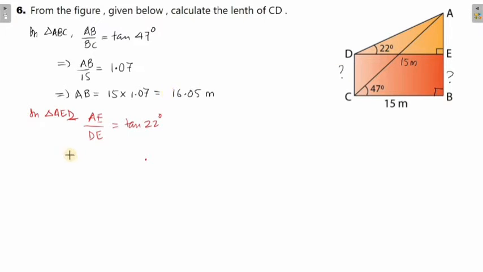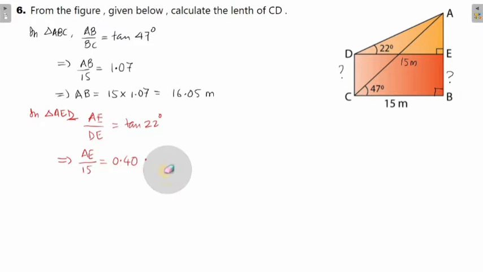So let's put the values in. We have AE by DE, DE is also 15 meter, and remember we have to find tan 22 degree. From the table it's going to be 0.40, so you just take 0.40.